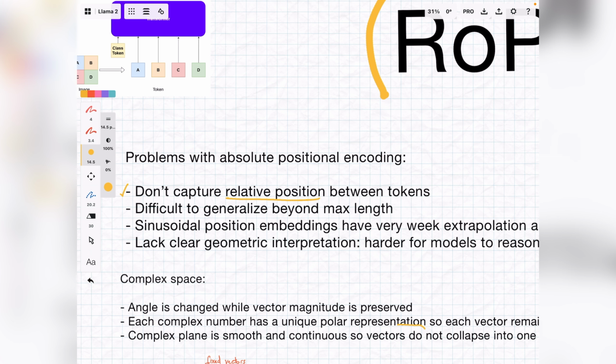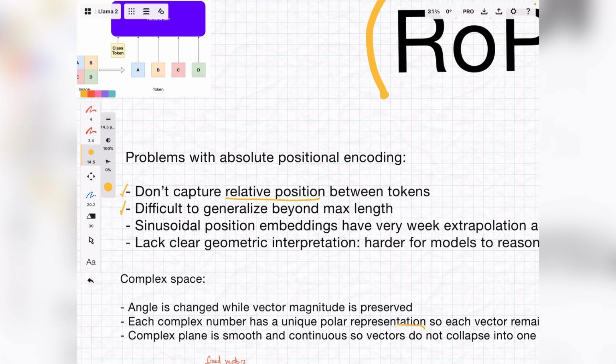The other thing is it doesn't really generalize well beyond the max length of the transformer sequence. So let's assume it's 512. You can learn the positions below 512, but anything above that, it doesn't generalize well.